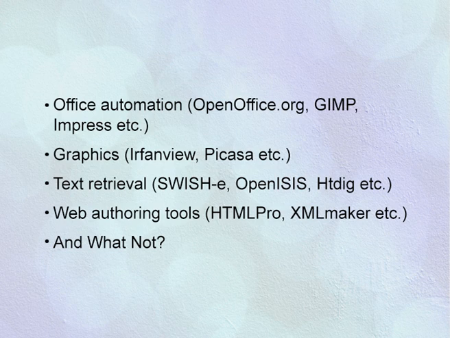For graphics we can use IrfanView, Picasa. For text retrieval we have n number of retrieval tools: Zebra, Solr, Swish-e, HTDig, etc. Web authoring tools, HTML Pro, XML Maker and what not. As I already told you, you name it, we have it. So this is the present situation. For each and every activity in your library you can use open source software, n number of candidates are available and those are equally good, you need to select any one of them from the group.